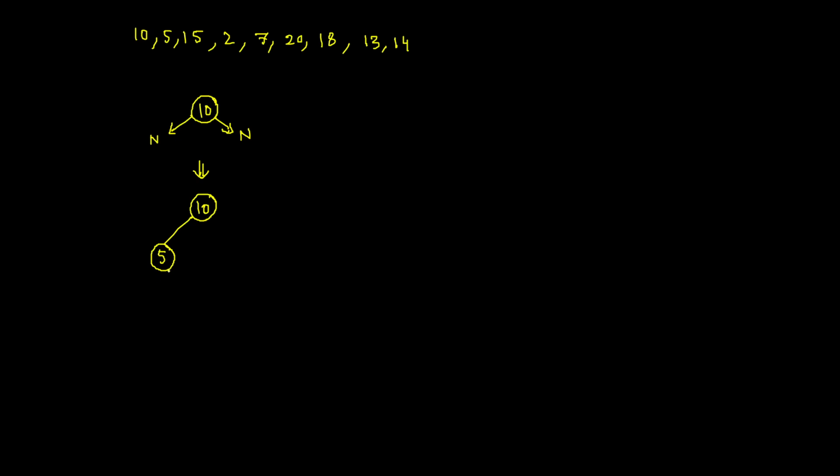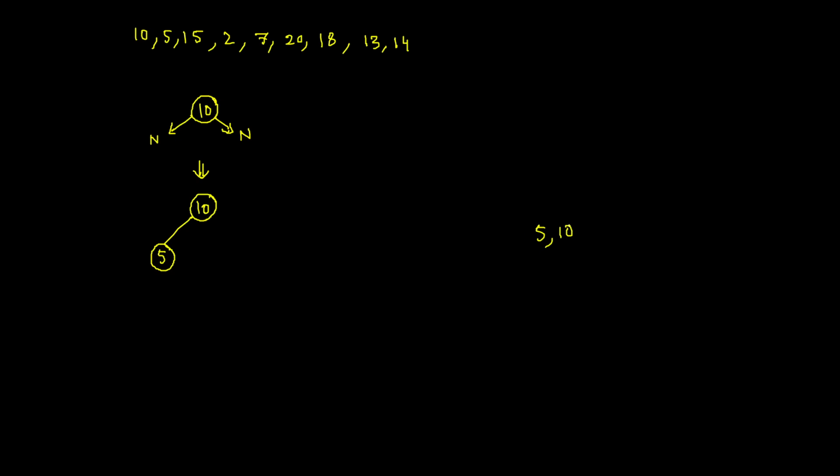Since it is the first time I'm showing you, every time I will draw the inorder traversal so that you can map what the feedback line is actually drawing and how it depends on the inorder traversal. In this case, the inorder traversal becomes 5 and 10. So naturally 5 has an inorder successor, and 10 has an inorder predecessor.